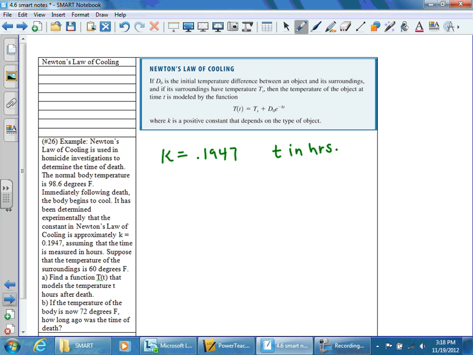Suppose that the temperature of the surroundings is 60 degrees Fahrenheit. Find a function T that models the temperature t hours after death.